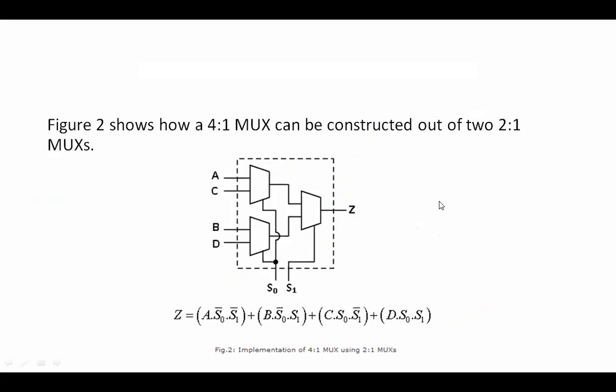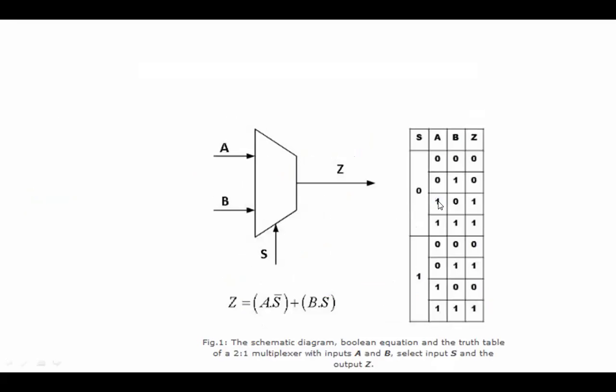So this is how your mux is. As I was mentioning, your select line S, then your inputs A and B, then your output Z. For 0, you can have 4 combinations. For 1, you can again have 4 combinations. AB can be 0 0, 0 1, 1 0, 1 1.